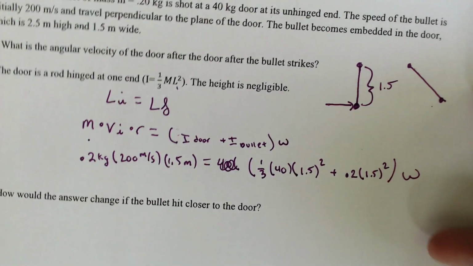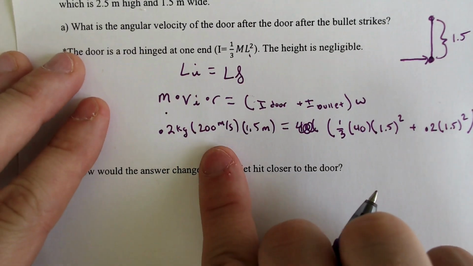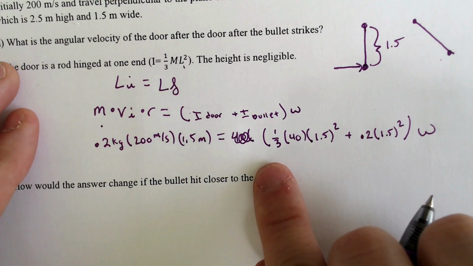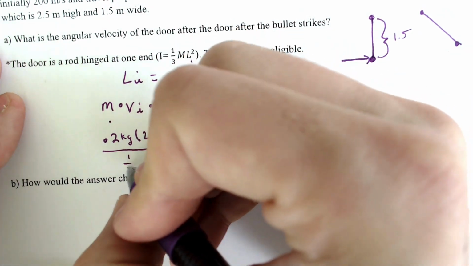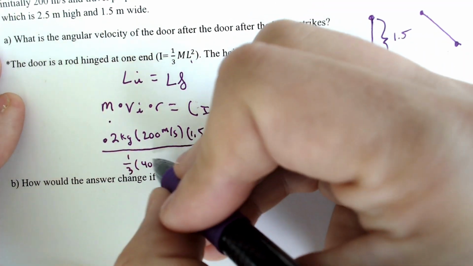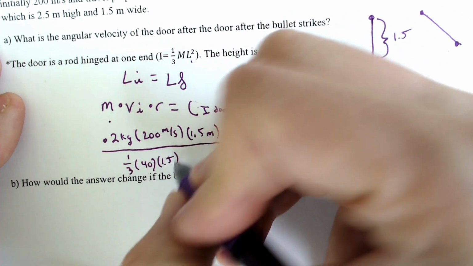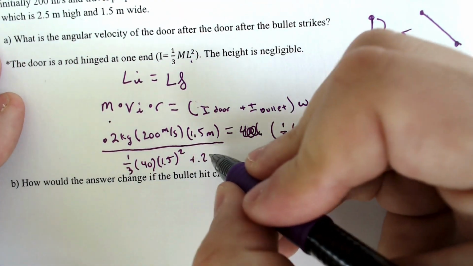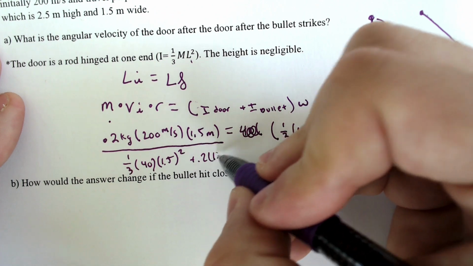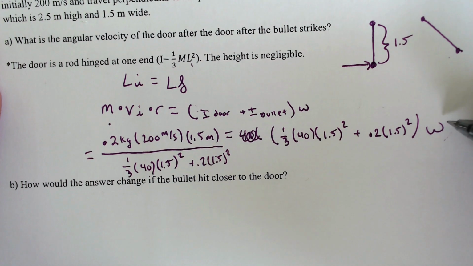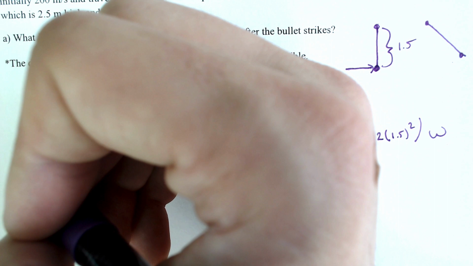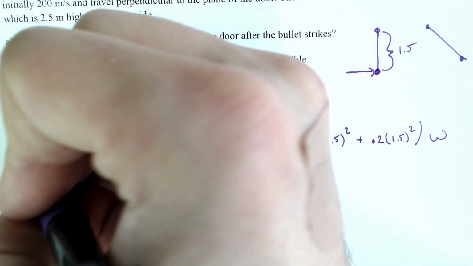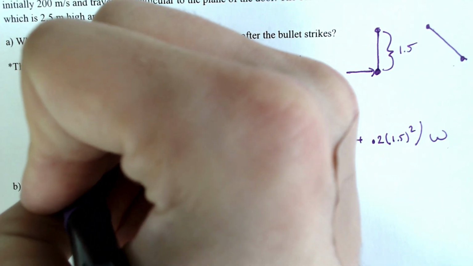If we're solving for angular velocity, we would take the 0.2 times the 200 times the 1.5, and then divide by all of this: the 1/3 times the 40 times the 1.5 squared, plus the 0.2 times the 1.5 squared. If we do that calculation, your angular velocity is, drum roll, 1.97 radians per second.